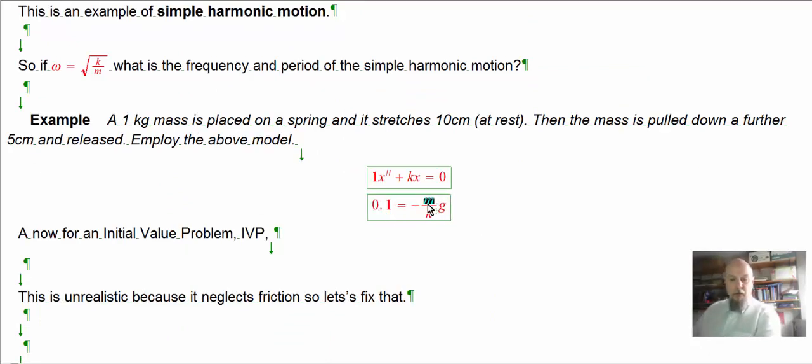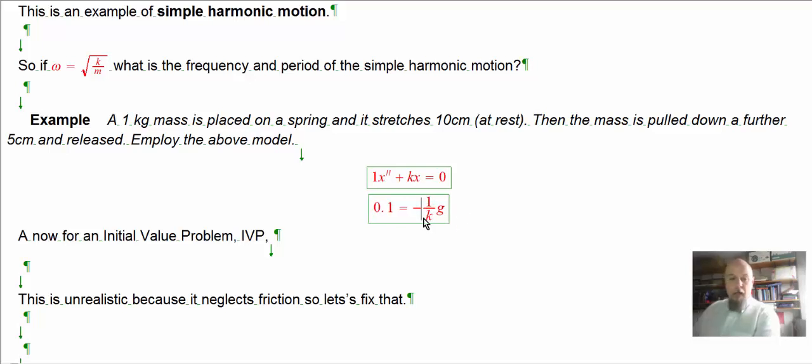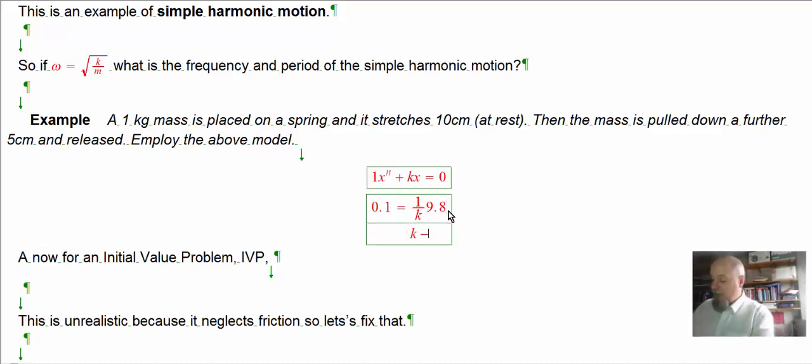We know that the mass of the object is 1 and stretched down, so I'm just going to get rid of the minus sign. We know that g on Earth is 9.8, and that's going to let me figure out that k is equal to 98. So now I have the whole equation.